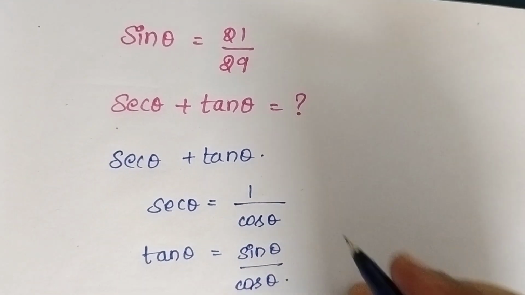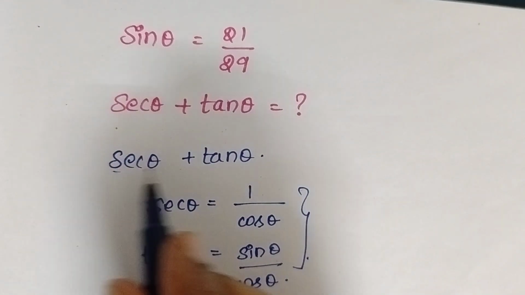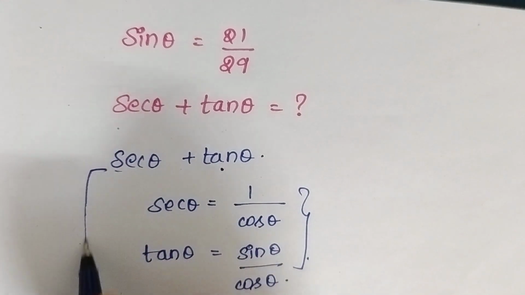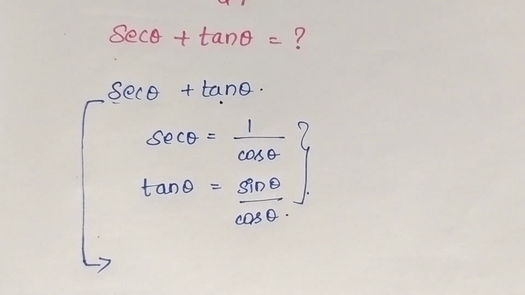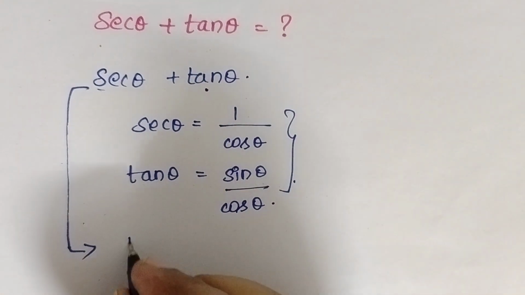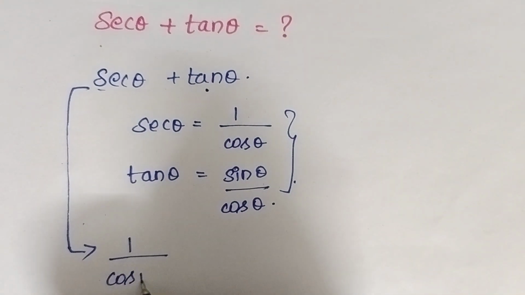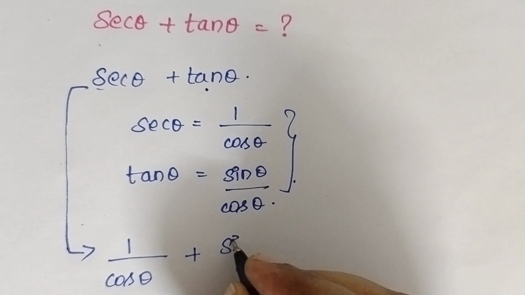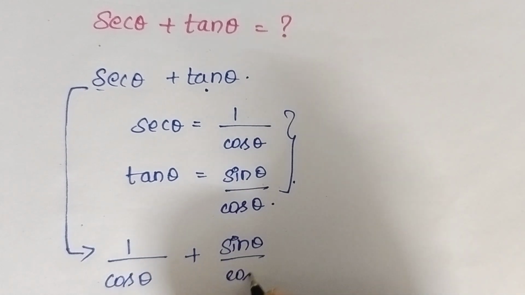So, I am going to apply these two terms in the place of these two. Therefore, this equation becomes 1 divided by cos theta plus sin theta divided by cos theta.